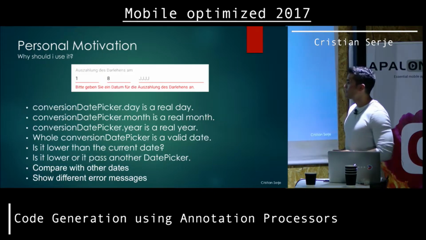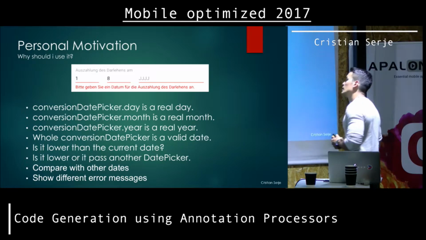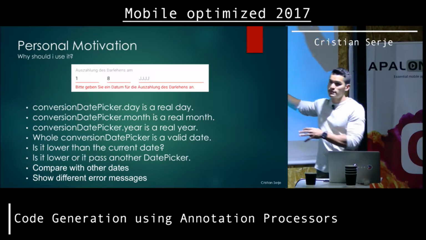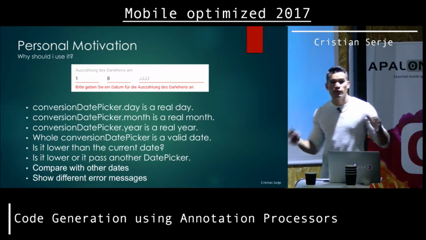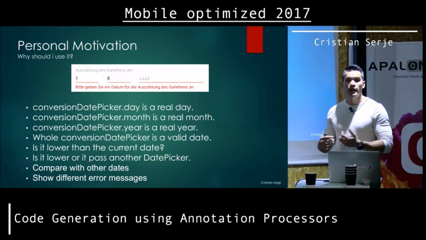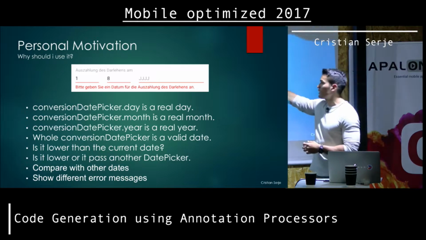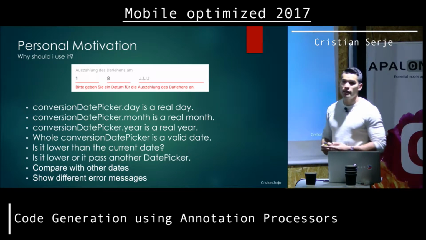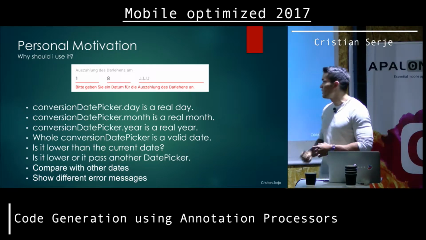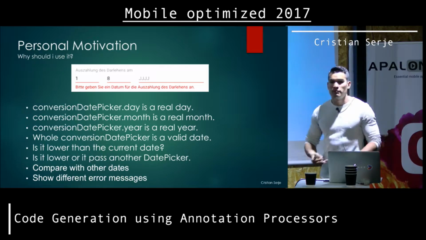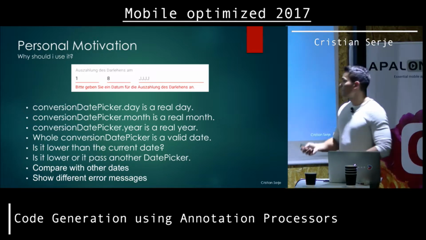Just to have an idea, this is more or less what that specific date picker had to do, because you could have different date pickers with different constraints. For this specific date picker, I had to, of course, check if the day was real. A real day cannot be 32 or something. A month has to not be negative, not more than 12, and so on.